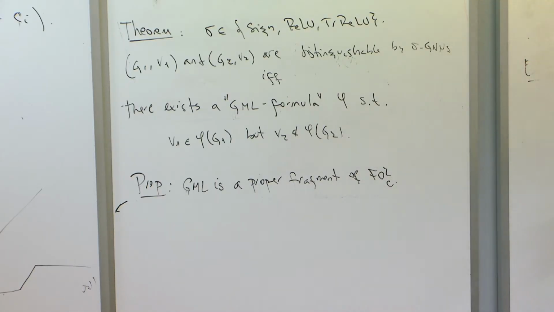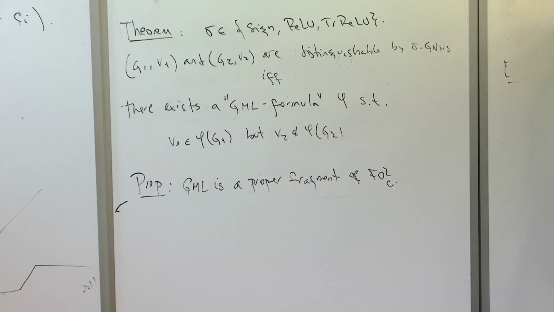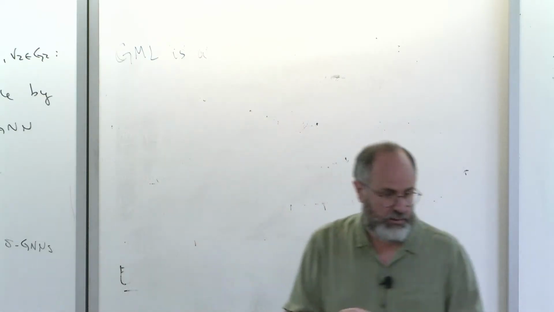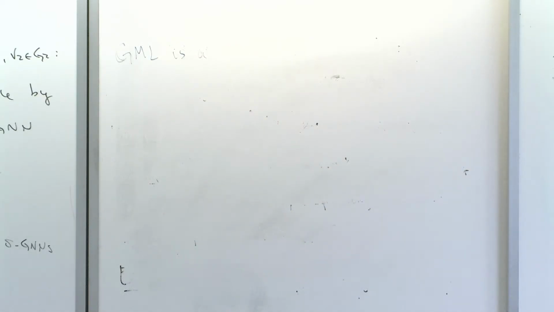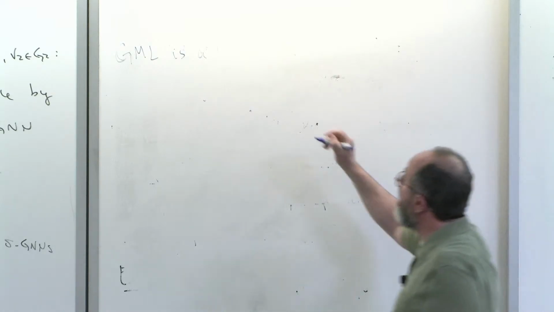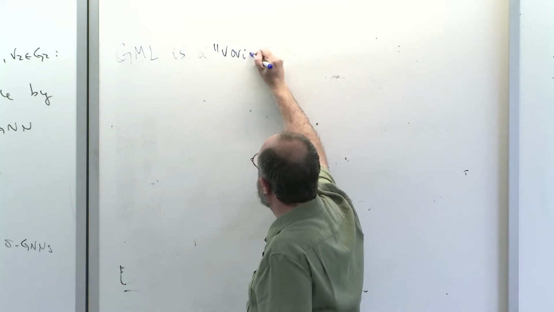So GML is a modal logic. GML is a variable-free logic.